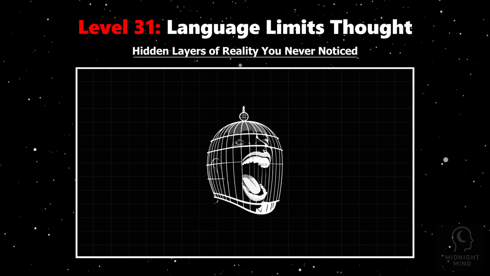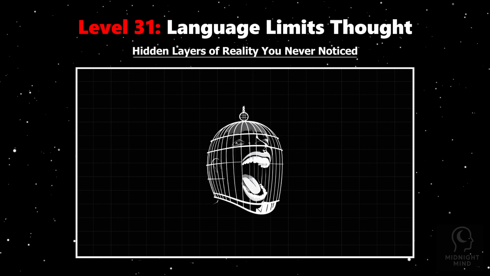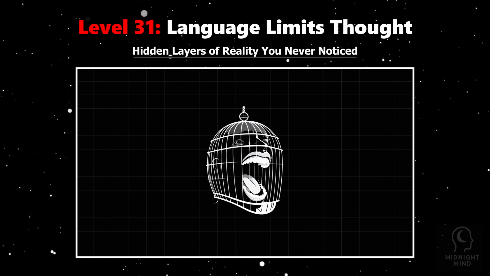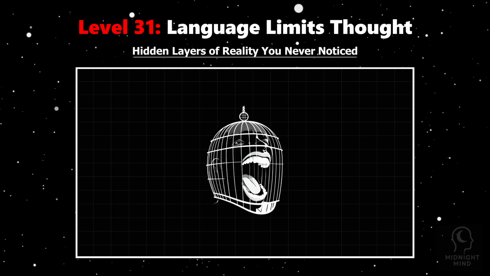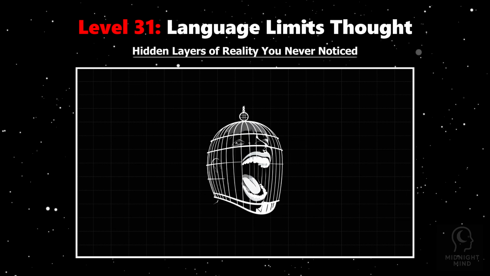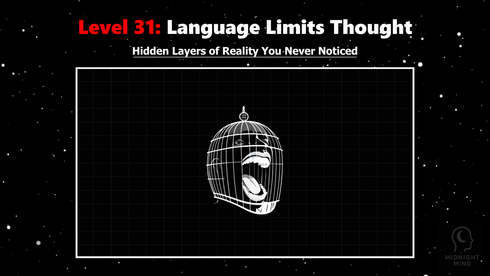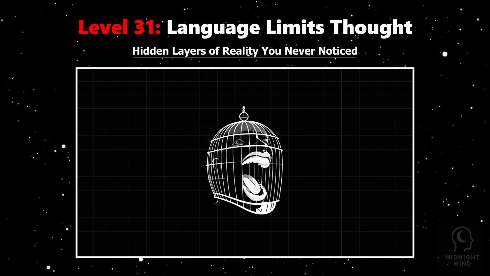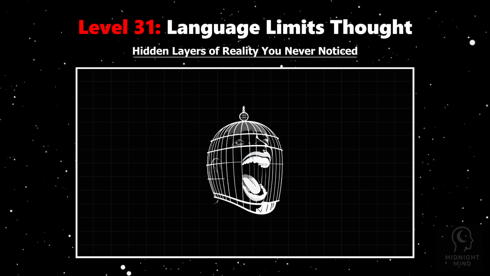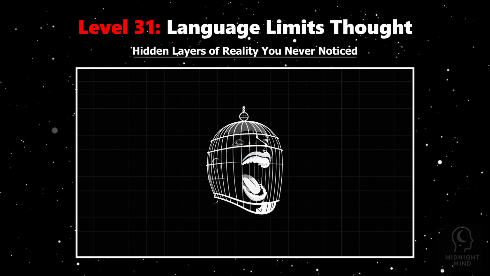Linguists and cognitive scientists have long studied this link. The Sapir-Whorf hypothesis, for example, suggests that the language you speak influences how you perceive and categorize reality. If your language lacks words for certain colors, emotions, or concepts, your brain struggles to fully recognize or express them. This isn't mere theory.